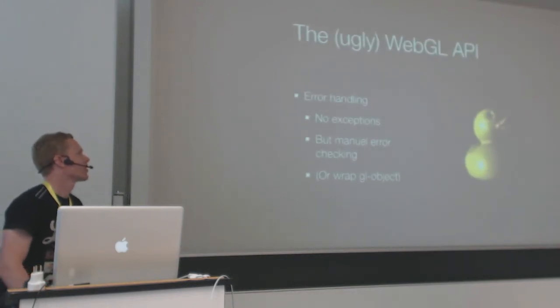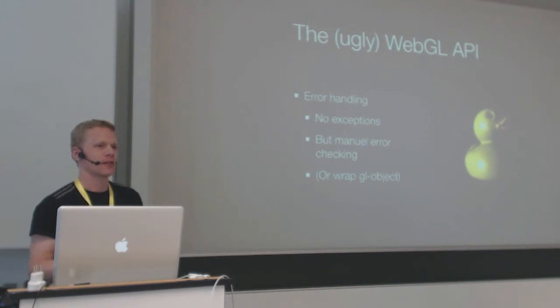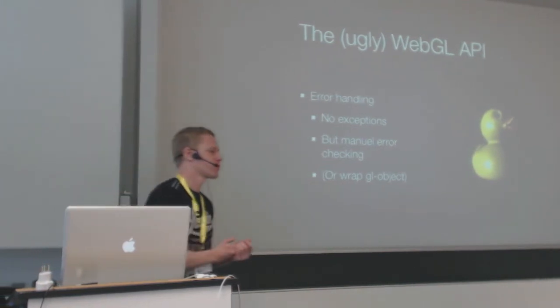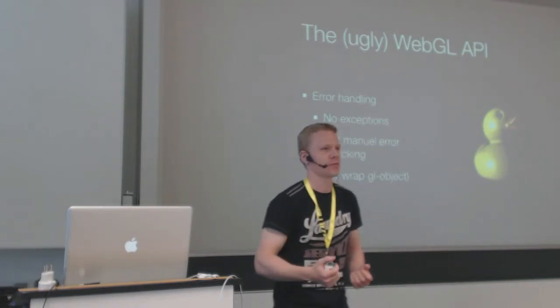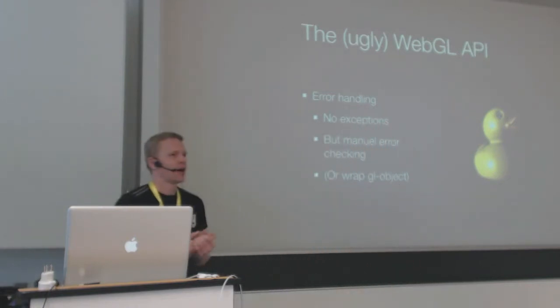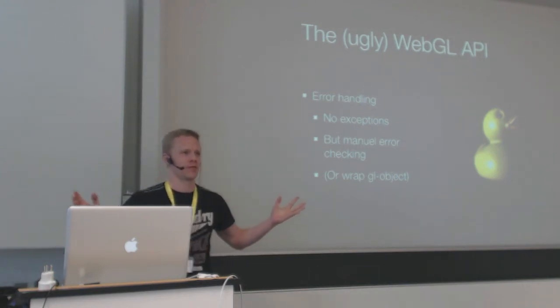Other problems with WebGL is error handling. JavaScript developers are used to an exception being raised whenever an error occurs. However, that's not the way OpenGL ES works. Whenever an error occurs, nothing happens.